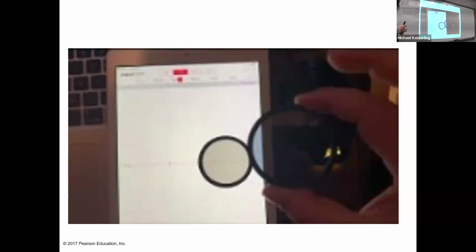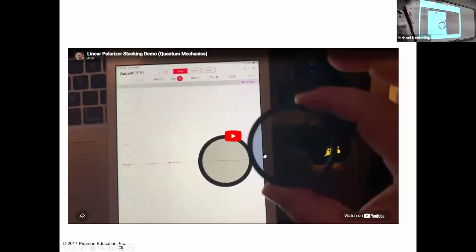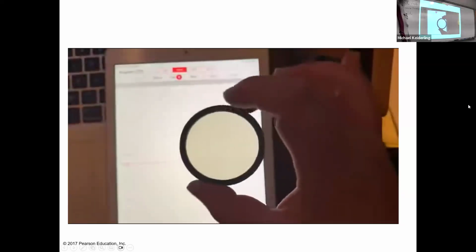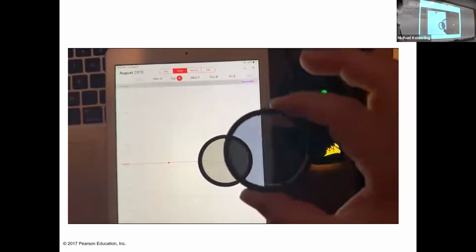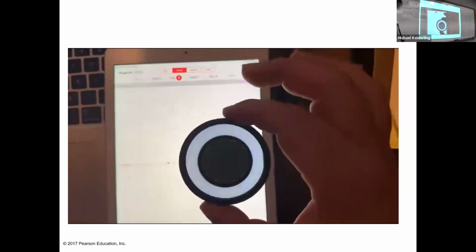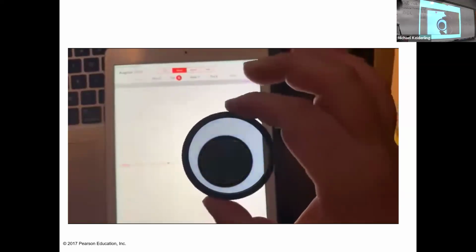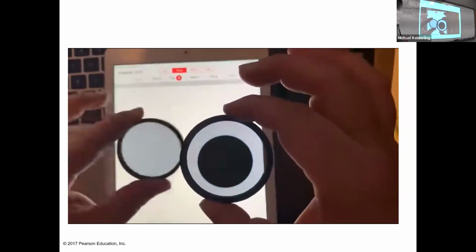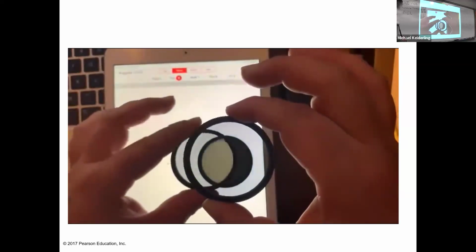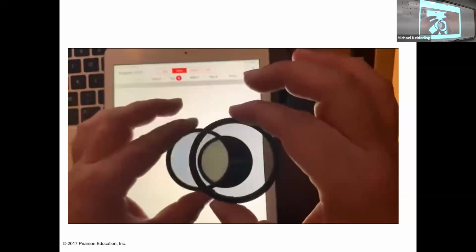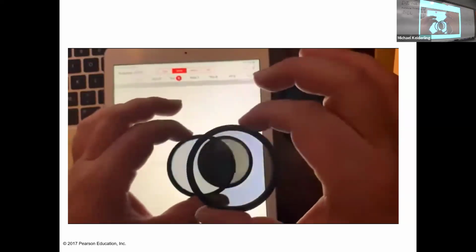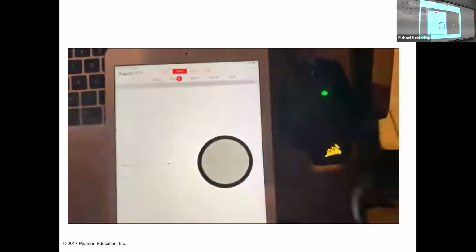So here's a video showing an LCD screen. Linear polarization stacking. Okay, so that's not polarized light behind. Now, that light source is not there.